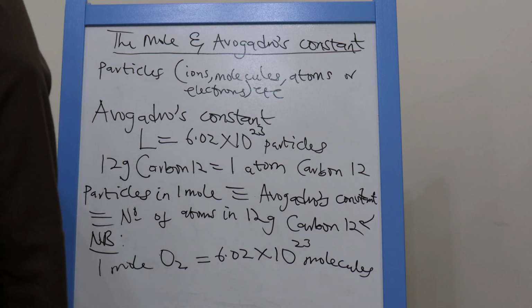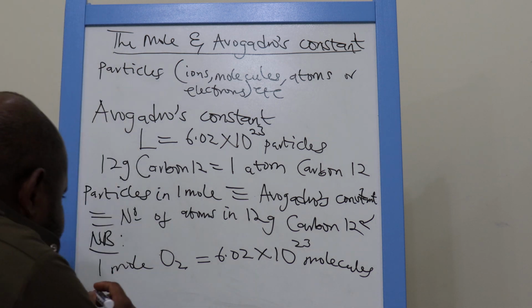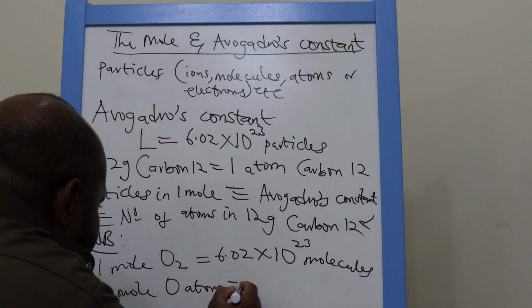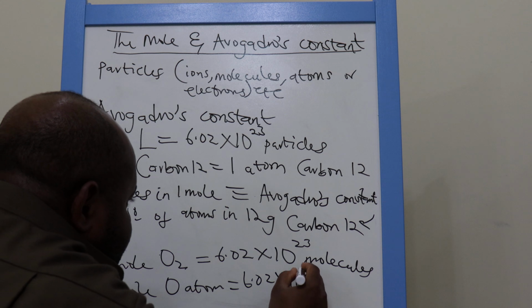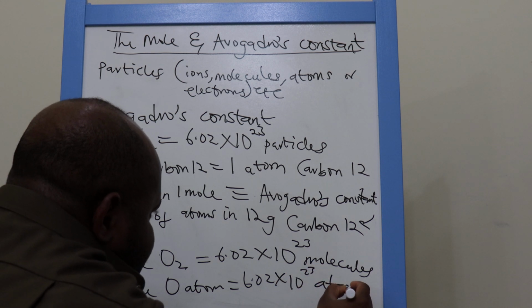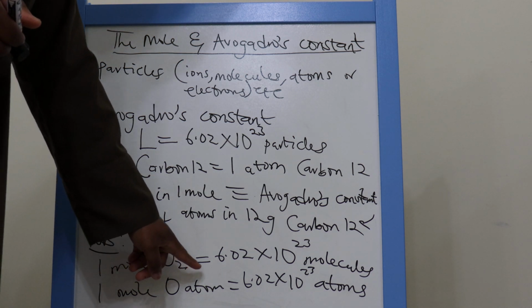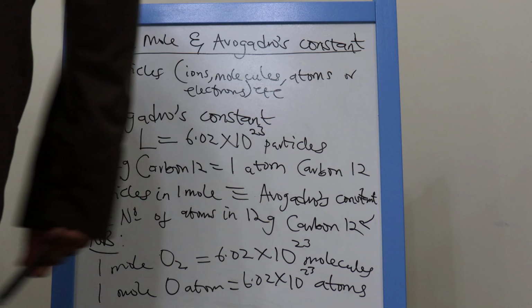Hence, from this relationship, 1 mole of oxygen atoms contains 6.02 times 10 to the exponent 23 atoms. So get the difference: 1 mole of O2 oxygen gas contains 6.02 times 10 to the exponent 23 oxygen molecules, and 1 mole of oxygen atoms contains 6.02 times 10 to the exponent 23 atoms.